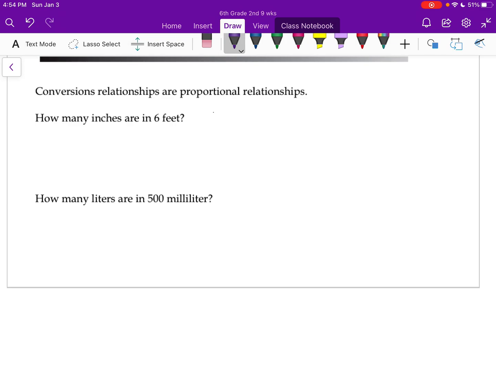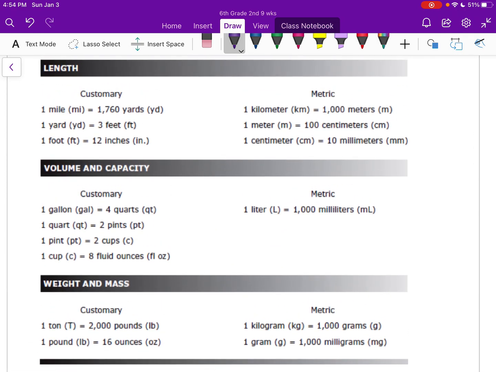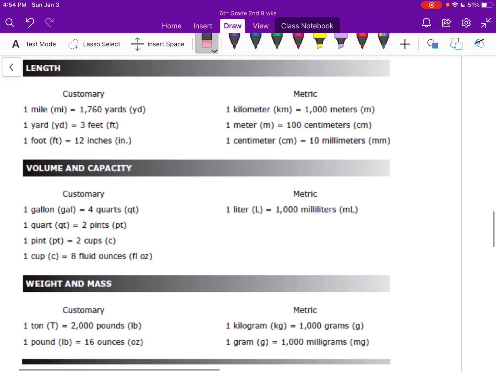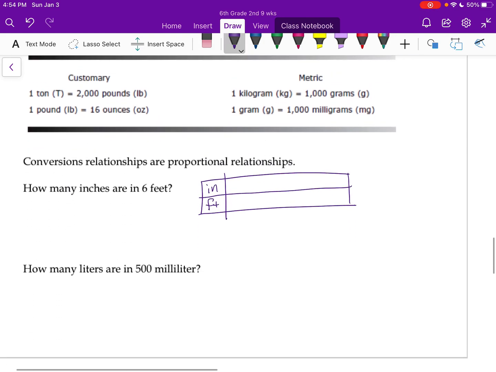Okay, so if we set up a little table and we set inches to feet, well, from our chart, what do we know? That 1 foot is 12 inches, right? So 12 inches is 1 foot. And how many feet do we need to go to? 6. So, hey, look at that.